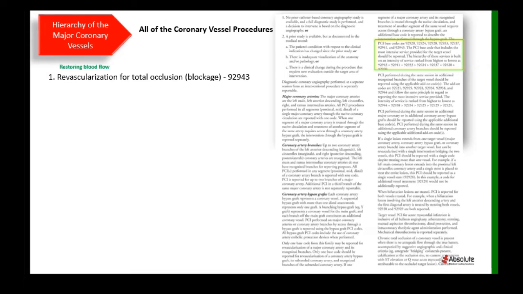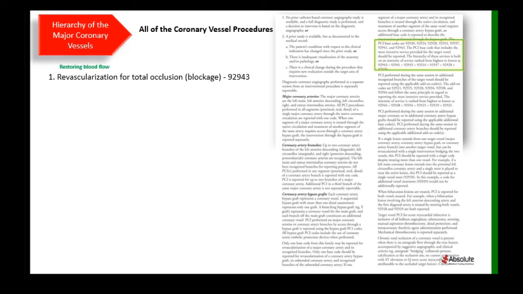revascularization for total occlusion or blockage of the vessel, that's 92943. That is your number one procedure. That is the most complex. And if you want to know what revascularization is, it means restoring blood flow.